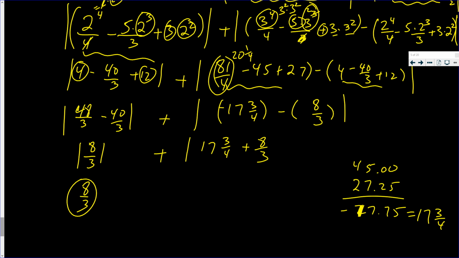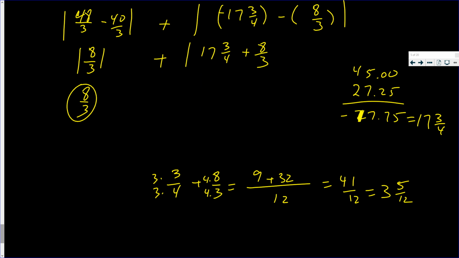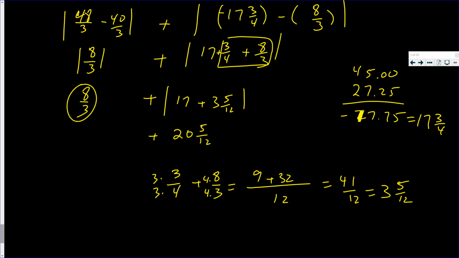3 5/12. So understand there's a plus there. This here is 3 5/12. So we have plus 17 plus 3 5/12. So we have 20 and 5/12 without the absolute value.